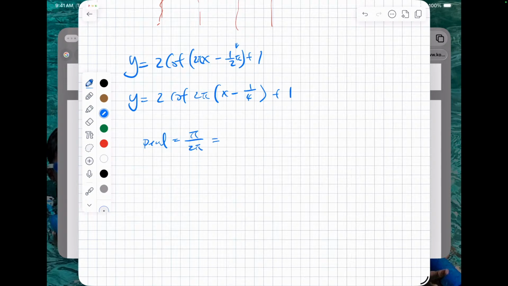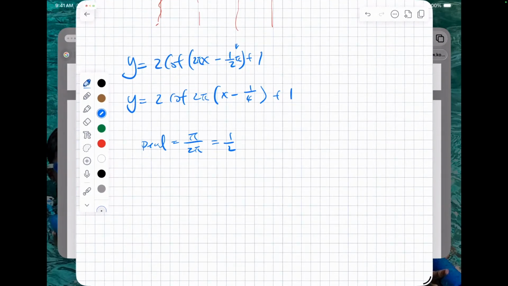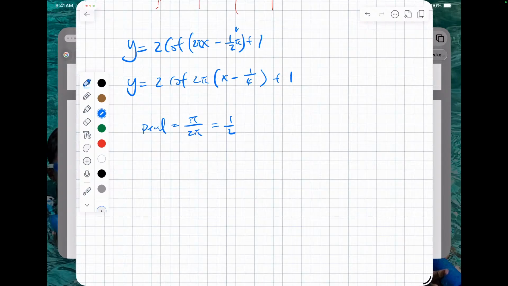What's pi over 2 pi? 1/2. Okay. Well, we don't have amplitude, but the amplitude is actually none. So period is 1/2. What do you do when there's no pi? Exactly. You just change your scale to actual numbers rather than pi.